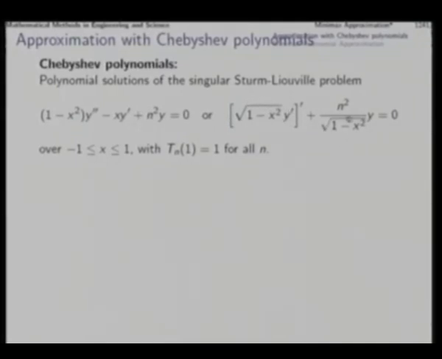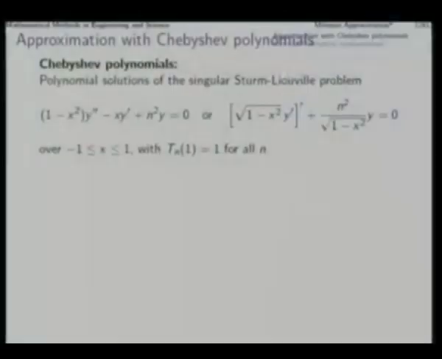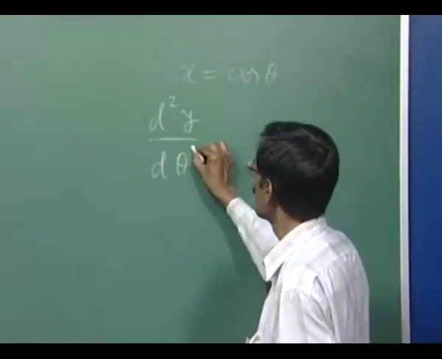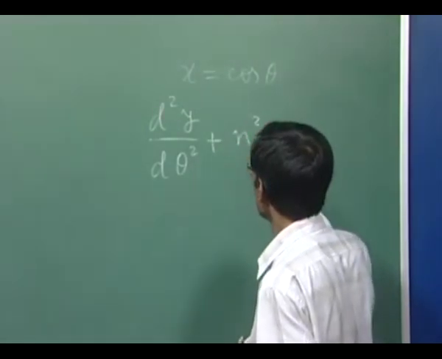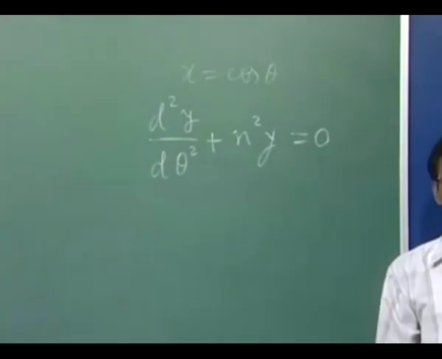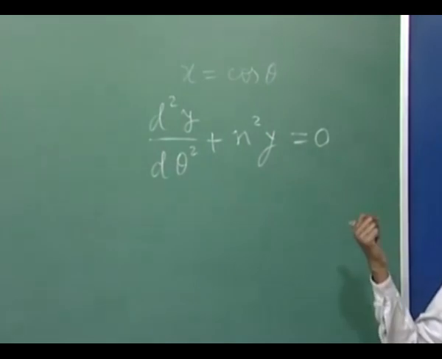Now, there is one interesting point here: if we change the independent variable and make the substitution x equal to cos theta, then this differential equation quite easily boils down to the same differential equation which we saw in the case of Fourier series.